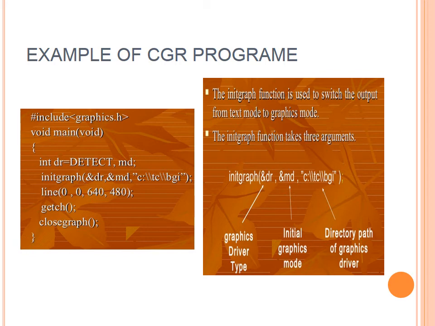So what is this initgraph function? Let's see. The initgraph function takes 3 arguments. It is used to switch the output from text mode to graphics mode.